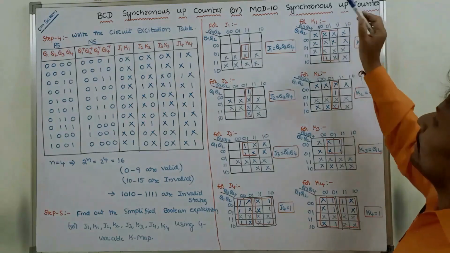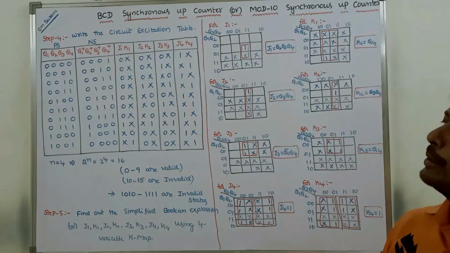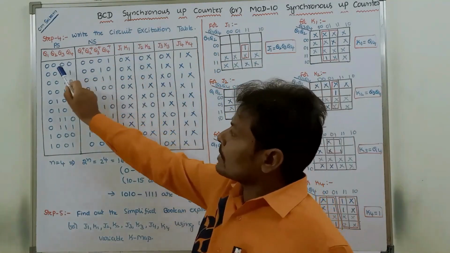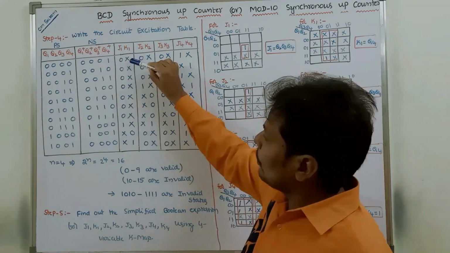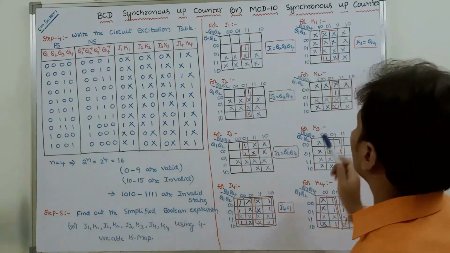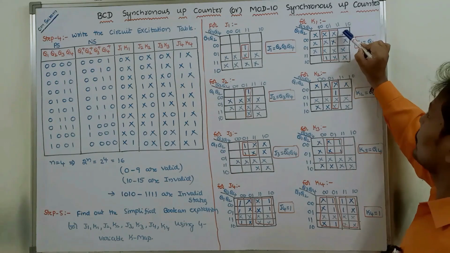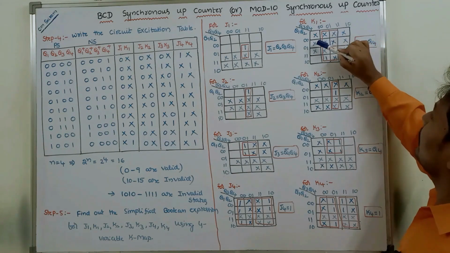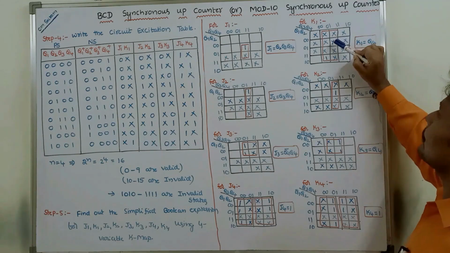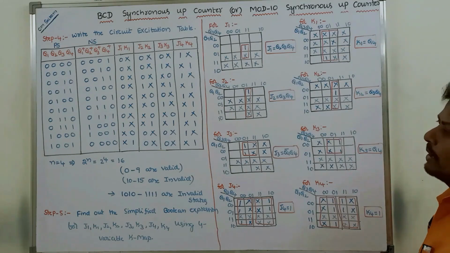Next, for K1, observe the K1 column and identify ones and don't cares. Here the don't cares start with 0, 0, 0, 0, that is 0 up to 7. So 8 cells are filled with don't cares.